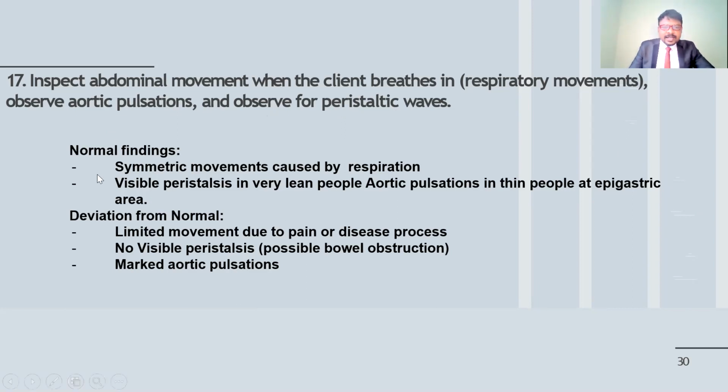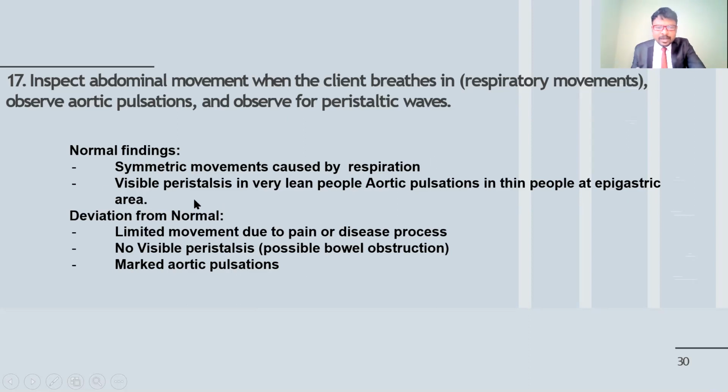The normal findings are symmetric movements caused by respiration. Normally if they take a deep breath, the right side and left side should rise at the same time, a symmetrical movement. Also, visible peristalsis in very lean people, and aortic pulsation in thin people at the gastric level, are normal.